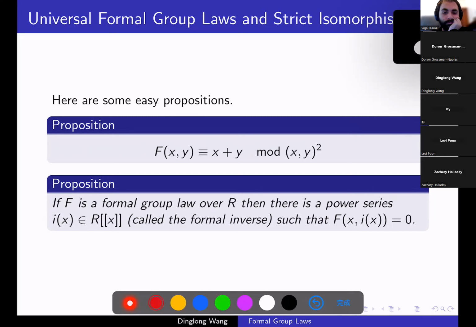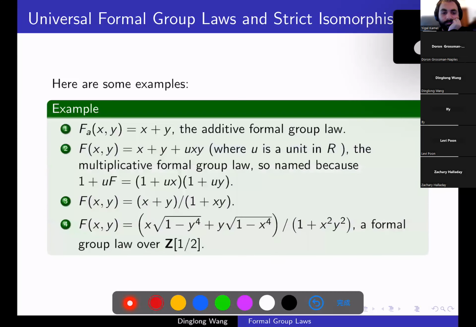Okay, and so here are some examples. The first one, the simplest formal group law, is called the additive formal group law. And the second one is the multiplicative formal group law. It's named so because you can check that 1 plus uF is equal to (1 plus ux) times (1 plus uy).